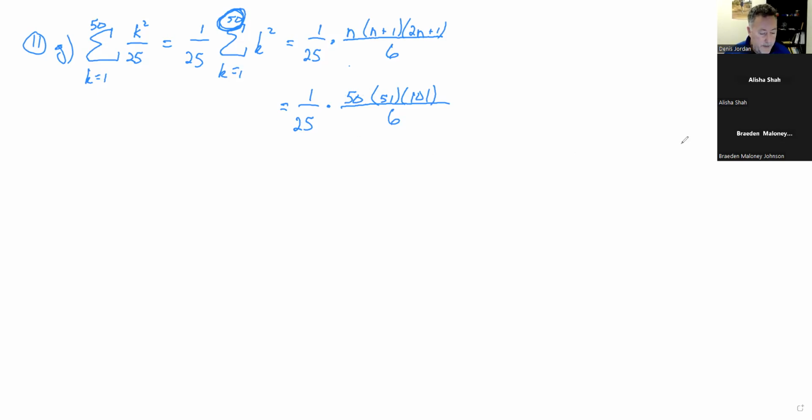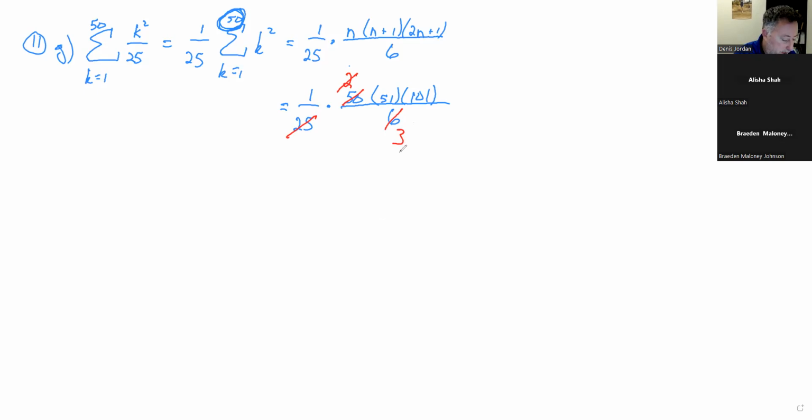So what I would do is start simplifying the fraction. I would start to cancel stuff out if I could, so that your numbers aren't as big. For example, 25 goes into 50 twice. Then your 2 can go into the 6 3 times.